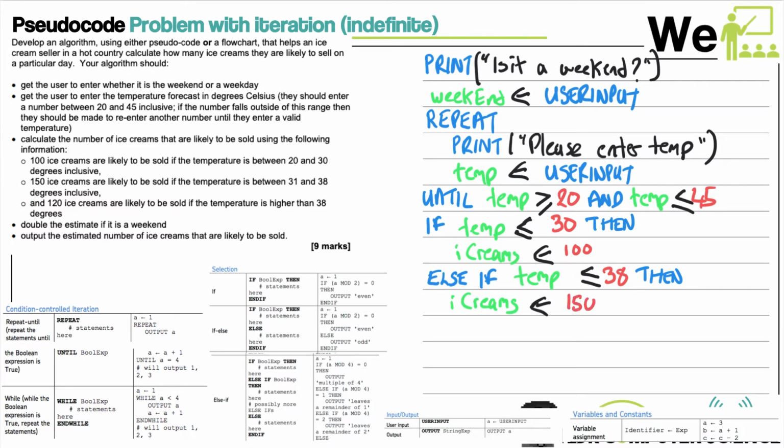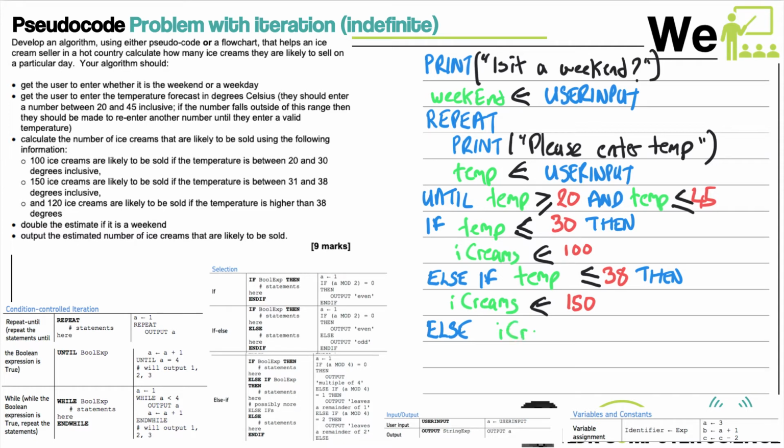Now for the last one, you don't have to do else if temp is greater than 38. You can just say else. Why can you just say else? Well, because it's the last one left. So we can say else. I'm going to have to do something a bit silly here and write it up. I should write it down here, but I'm running low on space, which I'm a bit anxious about. So I'm going to write it up here.